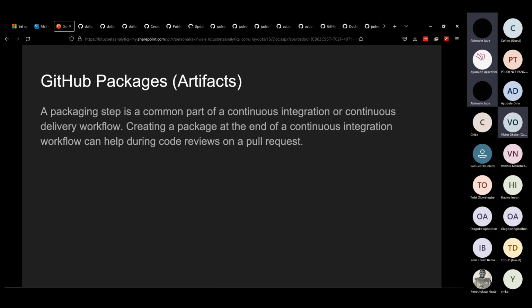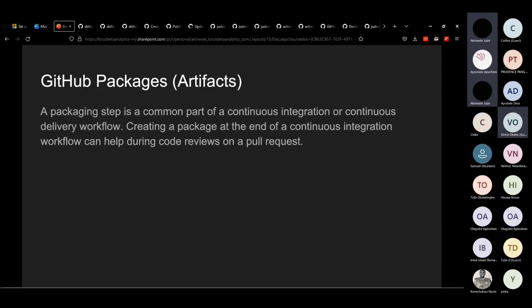Now, when you're done with all those, you might want to view the results of those commands. That's why I have the build artifacts, or you might want to pass them off to other platforms or other software that are integrated with GitHub Actions. That's why I have a GitHub artifact.